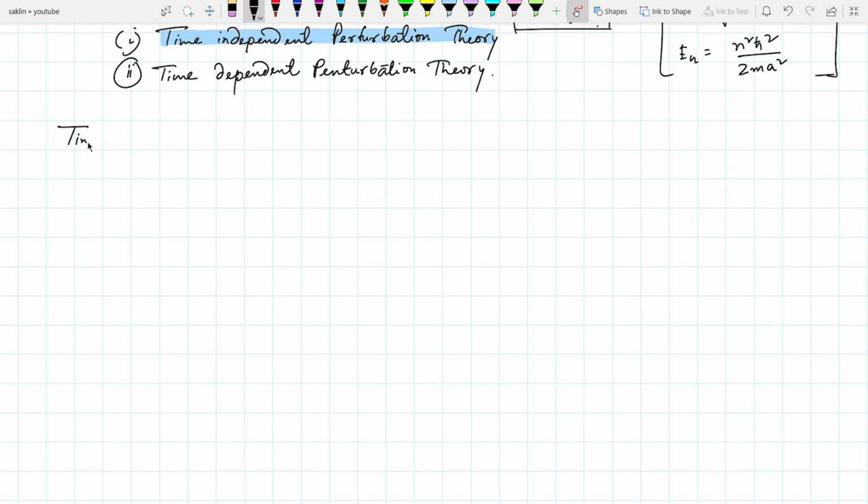Time independent perturbation theory is further categorized into two types.